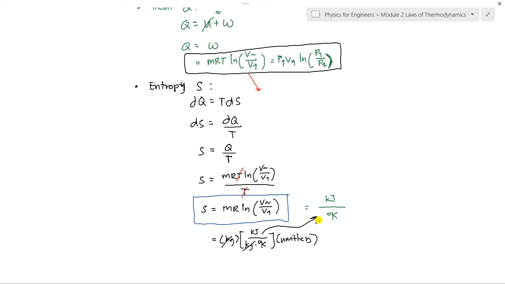Unlike work and heat, whose units are either kilojoules or joules, even internal energy is kilojoules or joules, the same with our Q. So that is the entropy for an isothermal process, mR ln V2 over V1 or P1 over P2.